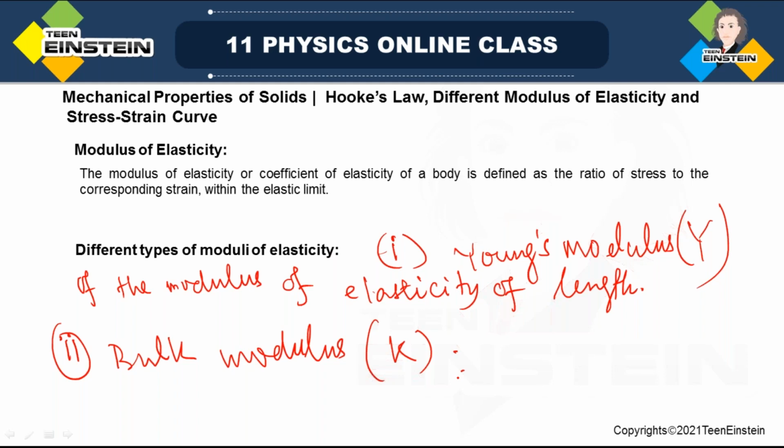Bulk modulus is actually the elastic coefficient or elastic modulus of volume, the volumetric elastic coefficient. Okay, modulus of elasticity of volume.